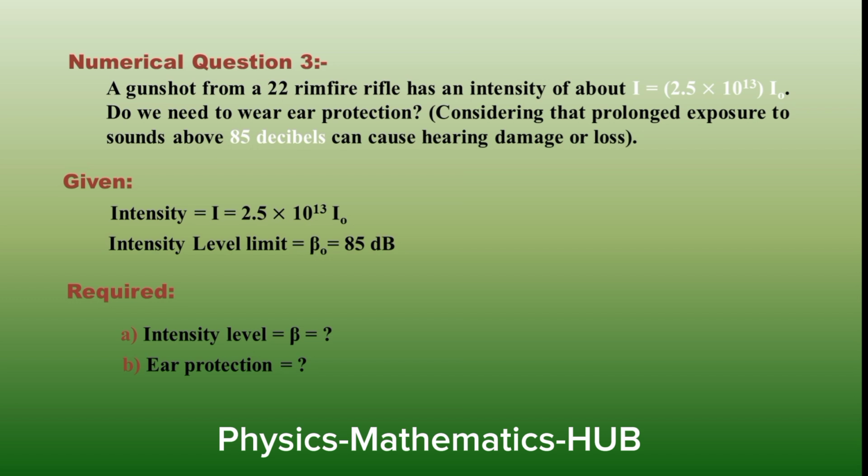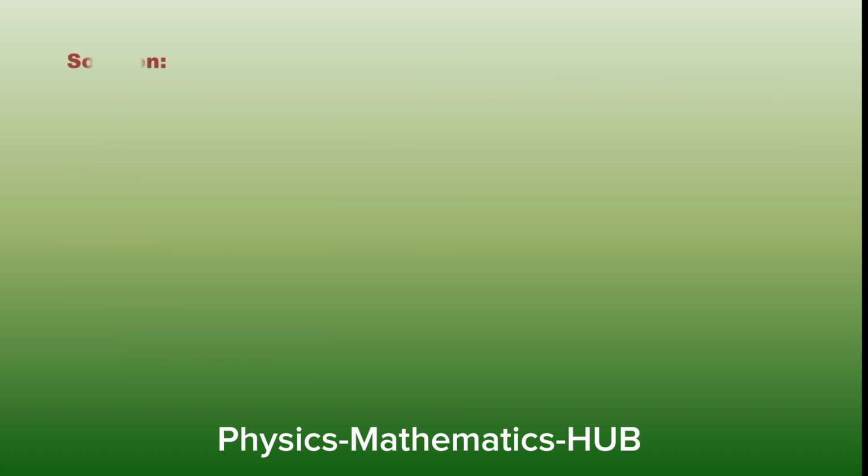Now, let's calculate the intensity level in decibels using the formula: beta is equal to 10 log of I divided by I naught decibels.